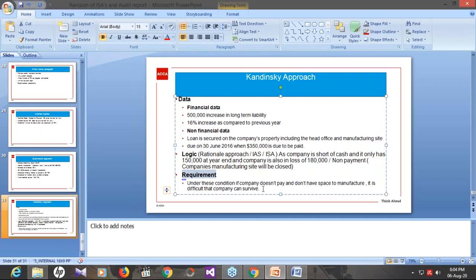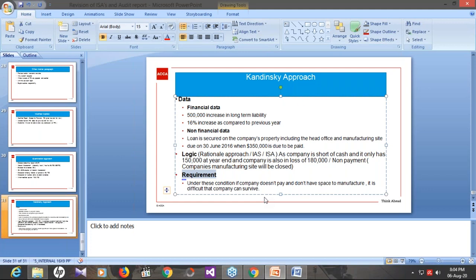So this will be discussed in one paragraph, but your paragraph should be structured in such a way that it should always start with the data, with the financial data and the non-financial data, then the logic or rationale behind that, what happens if company cannot pay the loan, and the properties pledged to the bank, so what happens. So this is a rational approach.